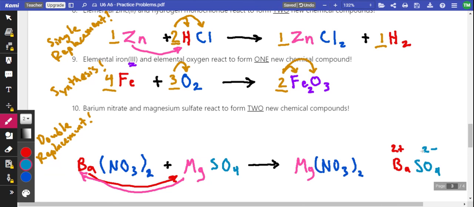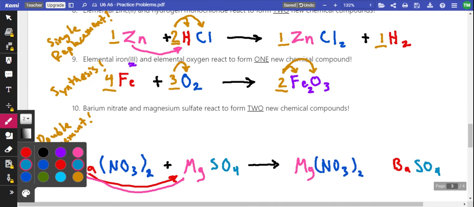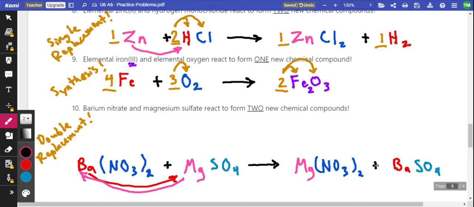So if I take a positive 2 and a negative 2, those cancel. They're fine as is. So I can leave those alone. So it's just going to be BaSO4. Okay. So on my product side, I'm switching a pair of my ions, either the positives or the negatives, and replacing them with each other. So I get these two compounds.